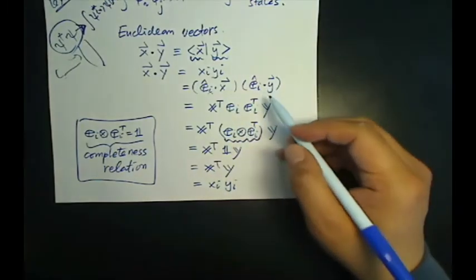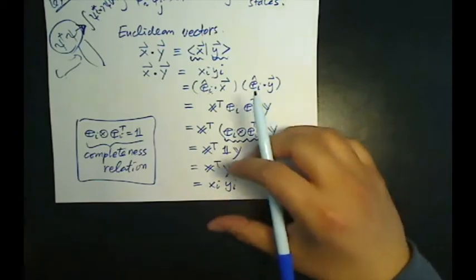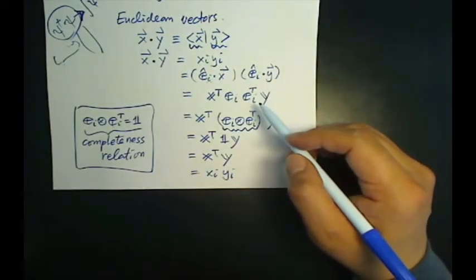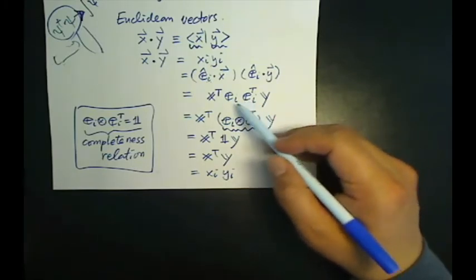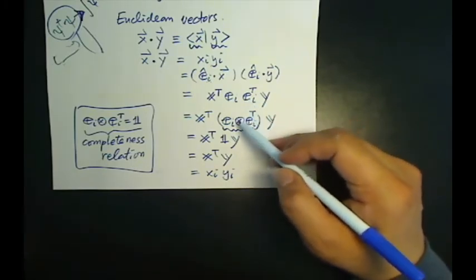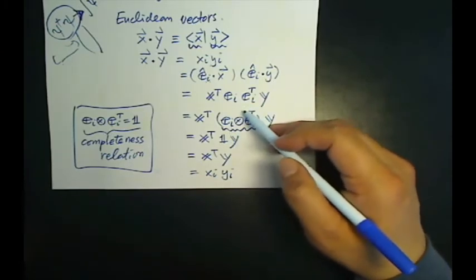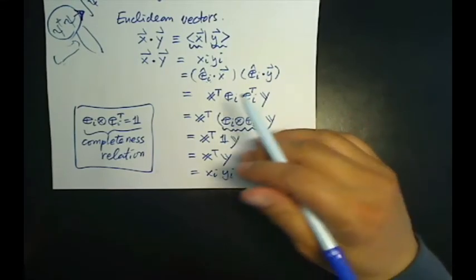In the opposite way, you have y put here, and the transpose of the unit Euclidean matrix. And we find that this is a kind of direct product, and this direct product summed over the indices i for the Euclidean space, you will find this one should be identity.